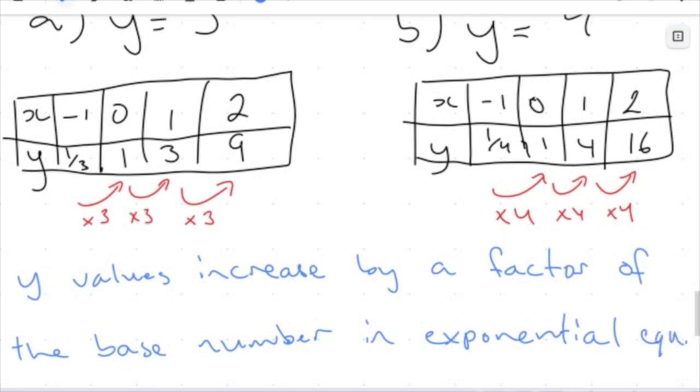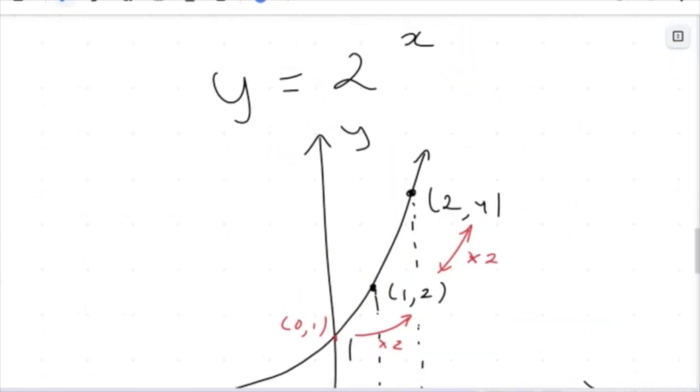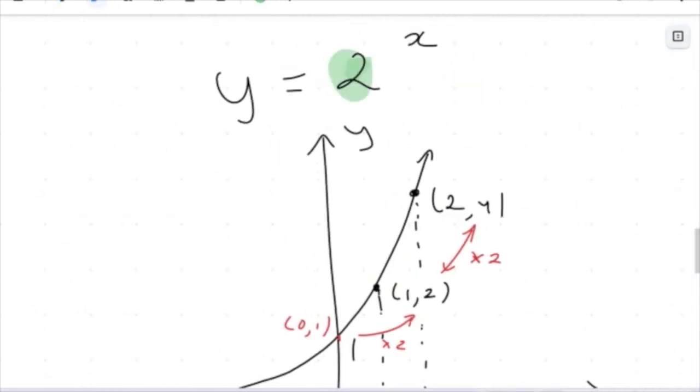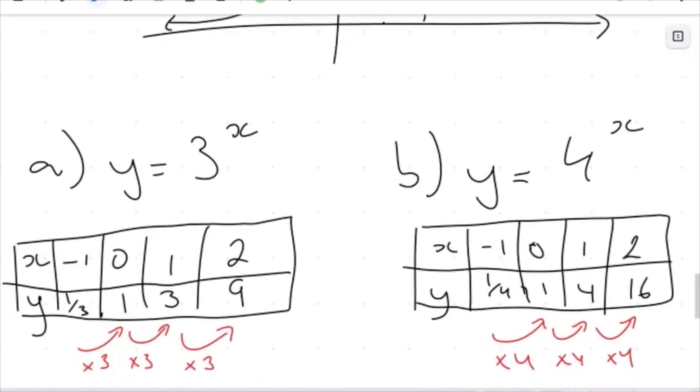So that my y equals something. Whether this is y equals 2 to the power of x, this number here, the 2, means we are doubling the y's. For each value of x, the y gets doubled. For this one here, for each shift in the x by 1 unit, my y triples.